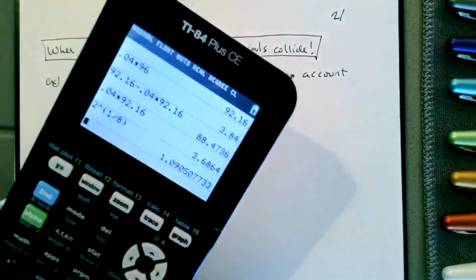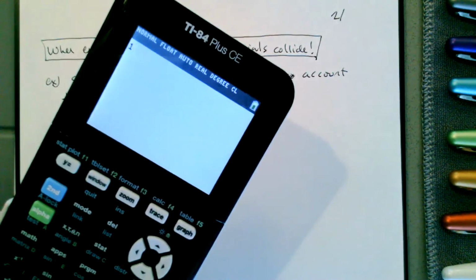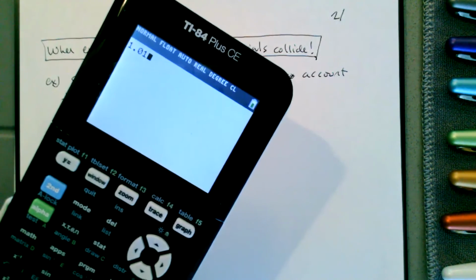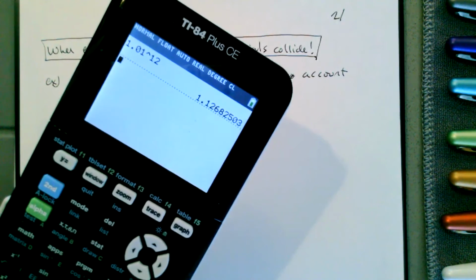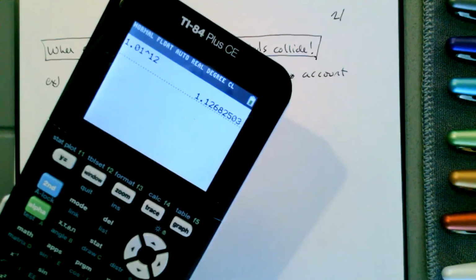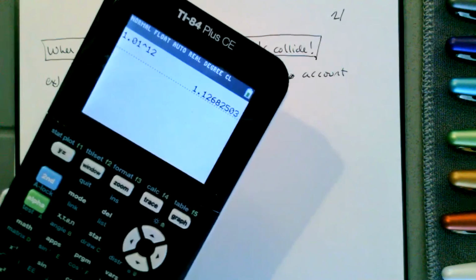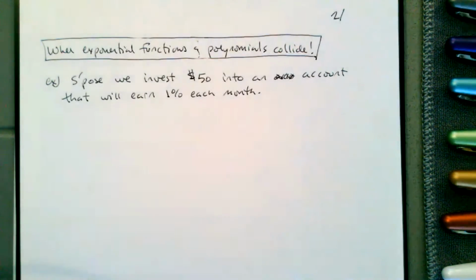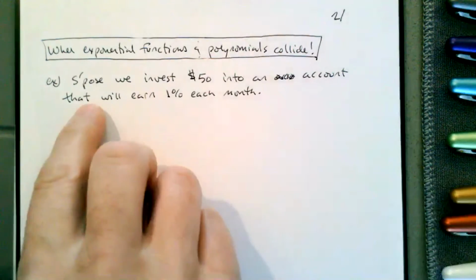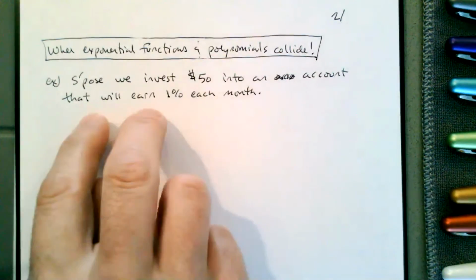So notice that 1% per month, we're going to multiply by 1.01. So if I multiply by 1.01 12 times, that will increase by, multiply by 1.1268, or increase by 12.68% per year. So that will earn 1% each month.